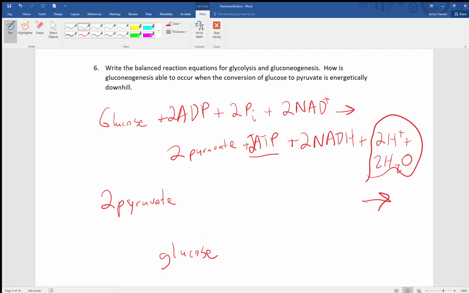But because we have extra ATP that is used by pyruvate carboxylase, and we're also not generating any ATP because we're bypassing the PFK and hexokinase steps, we actually end up in the net reaction using more ATPs. So we actually end up using 4 ATPs. And then we also use some GTPs as well.